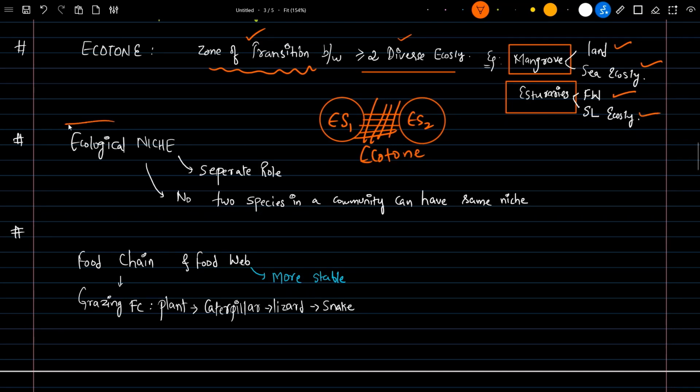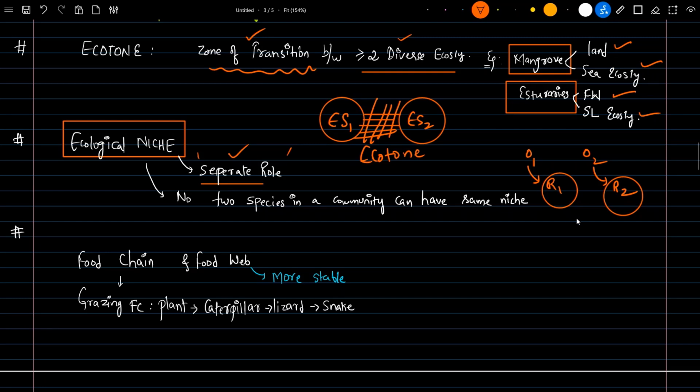Next concept, let's understand what is ecological niche. Whenever this word comes, understand this keyword: every organism has a separate role, which is unique. Let's say this is organism one, this is organism two. This has an individual role, and this has an individual role too. So everything has an individual role.